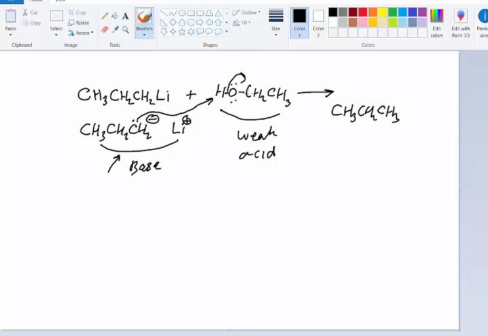And then the remaining part, the conjugate base of the alcohol, would be the other product of this acid-base reaction. The lithium ion would carry over actually with the alkoxide ion. So these are the products of this particular reaction.